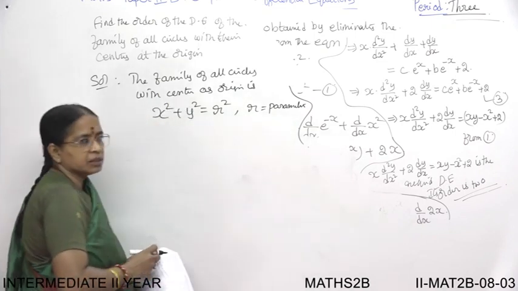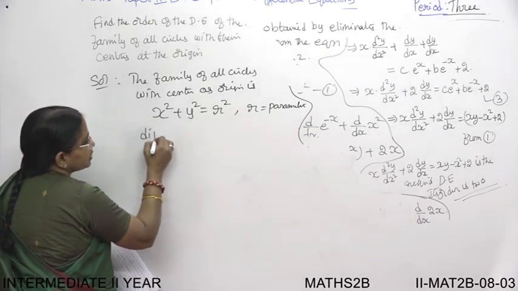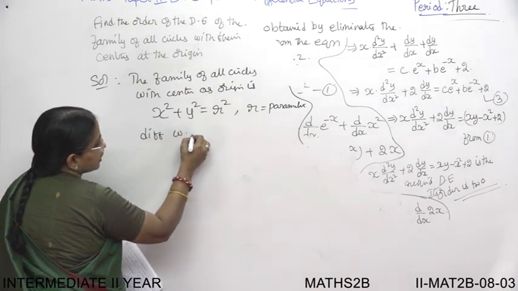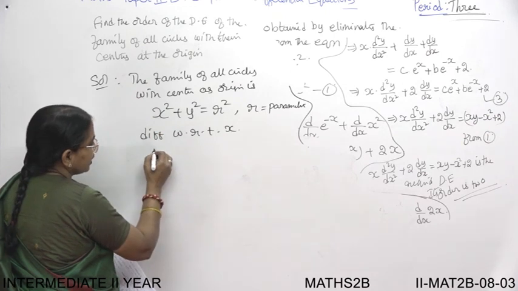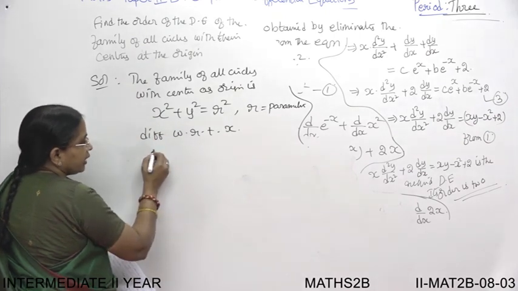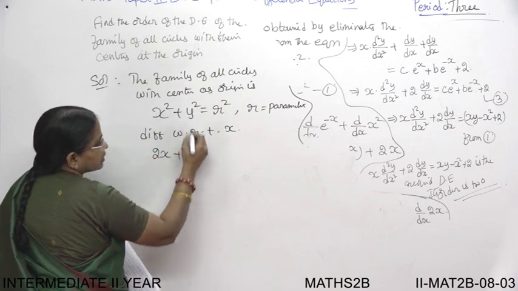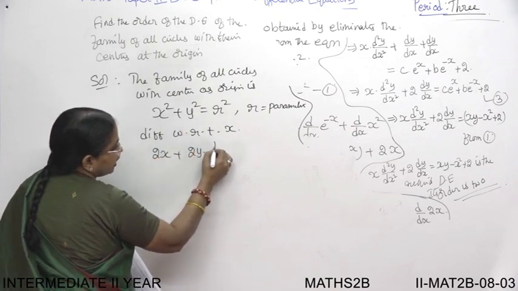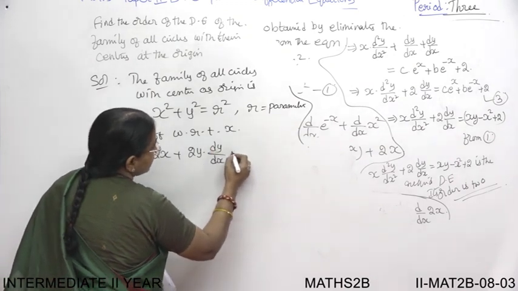So you can just differentiate once with respect to x. This is very simple once you write this equation. Now I'll write the derivative. Derivative of x square is 2x. Derivative of y square is 2y dy by dx. The derivative of r square is 0.